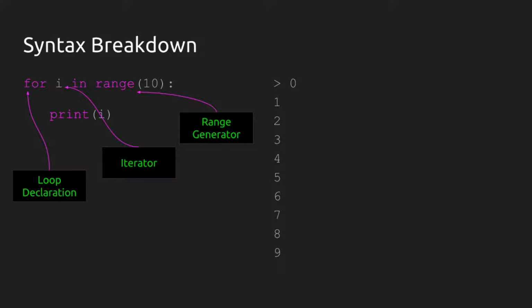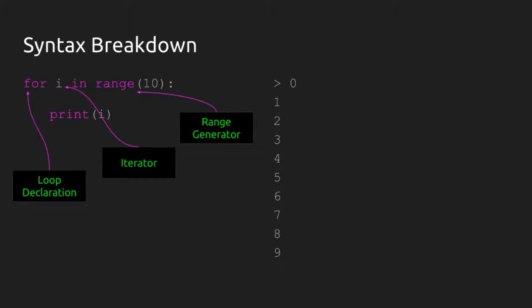Then that i, which notice is not specially colored, that's because we can use any variable name we want for our iterator. i is very conventional, but it's not necessary. You could call it whatever you want. And i is the iterator. That's the placeholder for the current value of the thing that we're looping over. And then the range generator in this case, which is range(10).